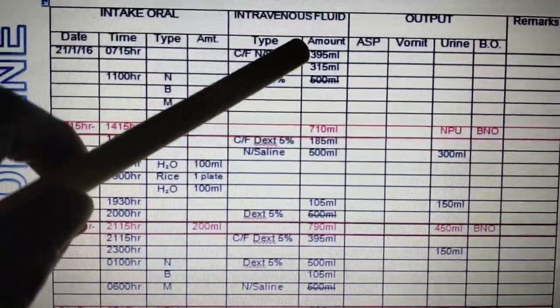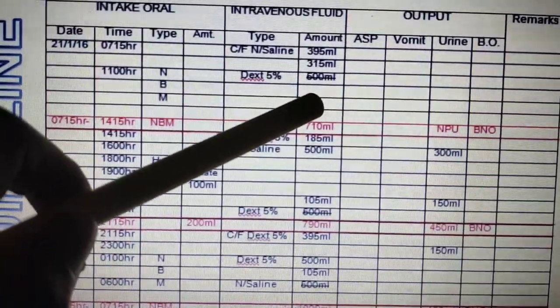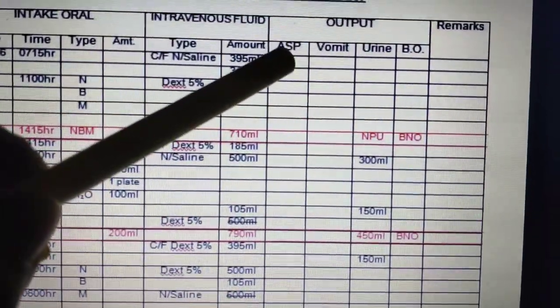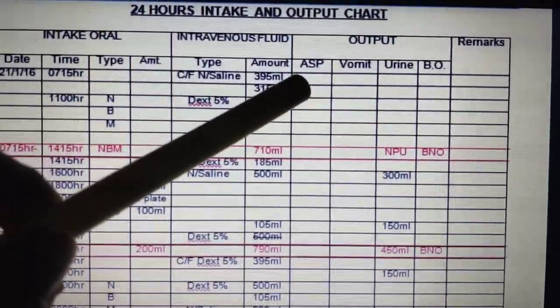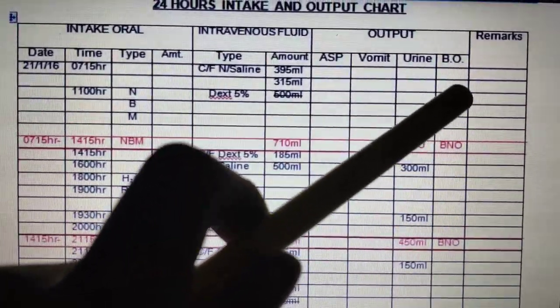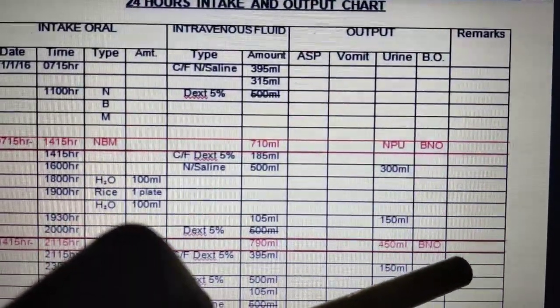If it is intravenous, the type of intravenous and the amount. And here in the output column, ASP means aspiration, this is vomit and urine, and BO is nothing but stool. Clear? And any remarks we can write here.